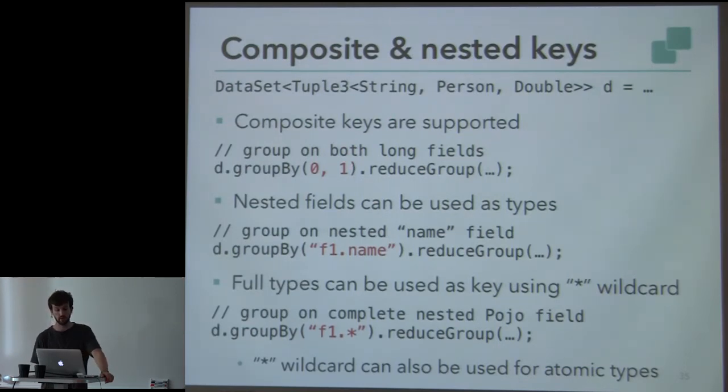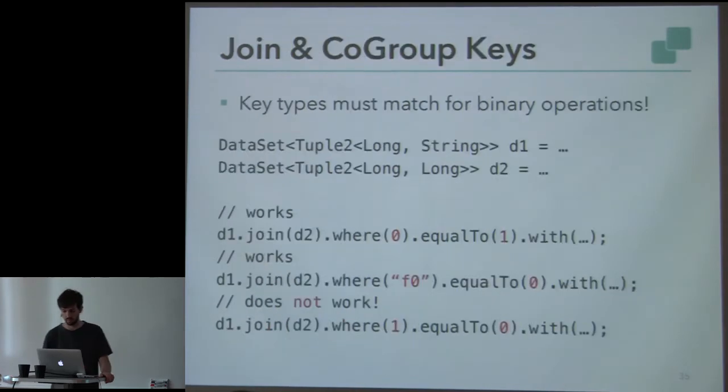It's also a nice feature. Of course, Flink will always warn you if you, for example, join datasets where you specify incompatible join keys. For example, here you have a string and a long, and of course you cannot compare these easily.